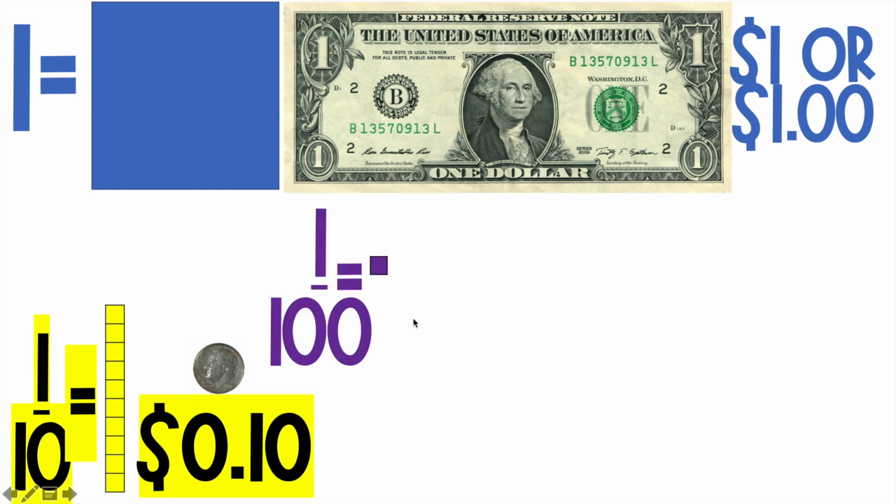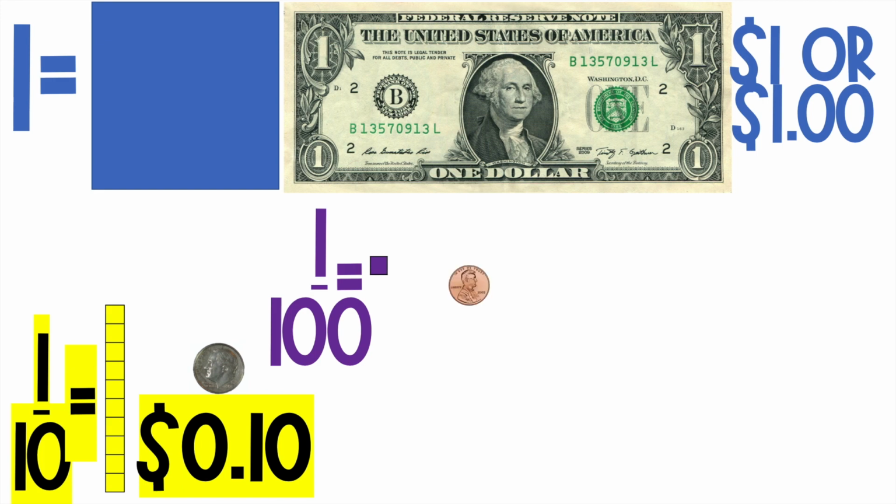So what about 100th? We know that 100th can be represented as a fraction like this: 1 over 100, meaning 1 out of 100 pieces. It could also be represented by just one tiny box, because you need 100 tiny boxes to make up all of this box right here. But what about money form? What is equal to 100th as far as money goes?